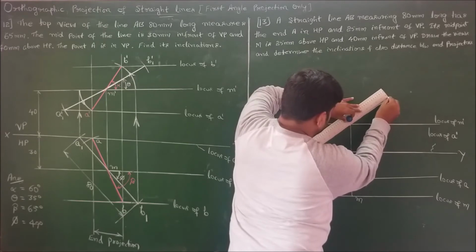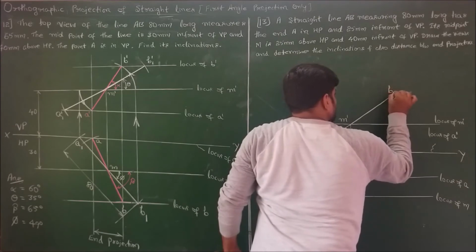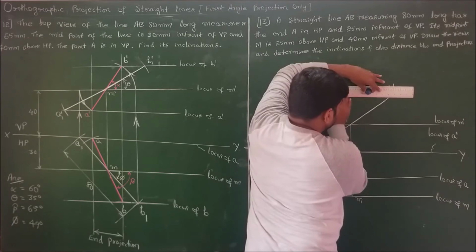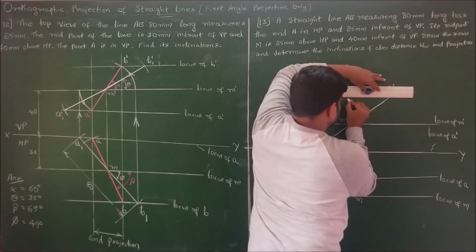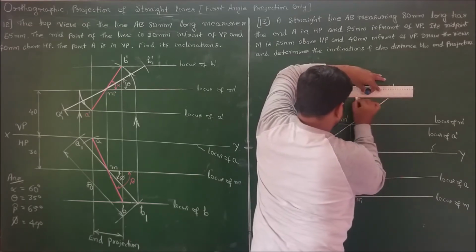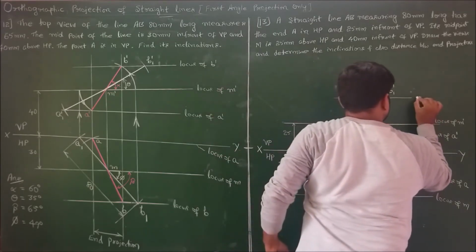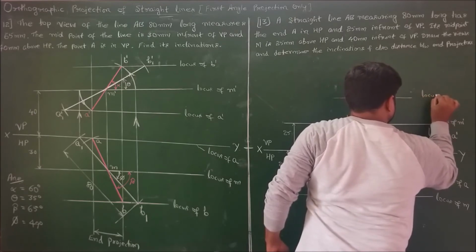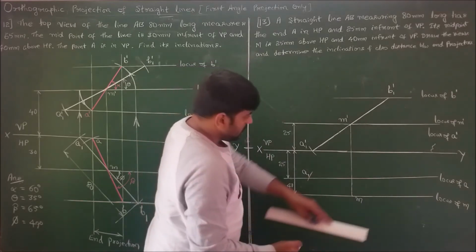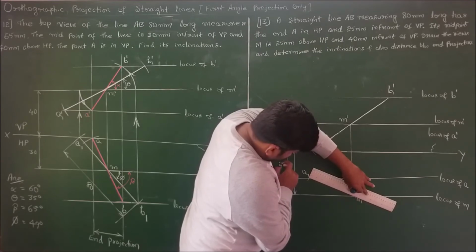So thereby I got B1 dash. Now I can fix the locus of B dash. So fix the locus. So similarly, here you draw 80 mm line passing through the midpoint.